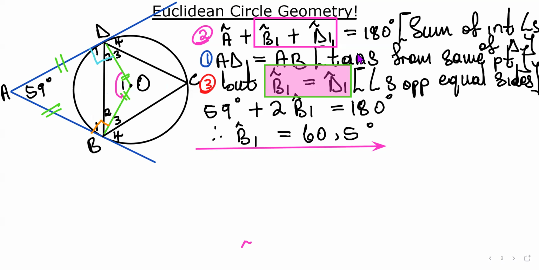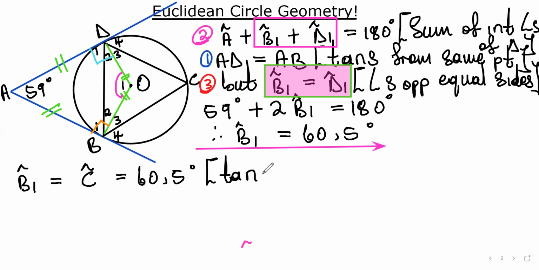So let's use that. What are we saying? We are saying angle B1 is actually equal to angle C. You can also tell us that both of them are equal to 60.5. And this is all thanks to the theorem.